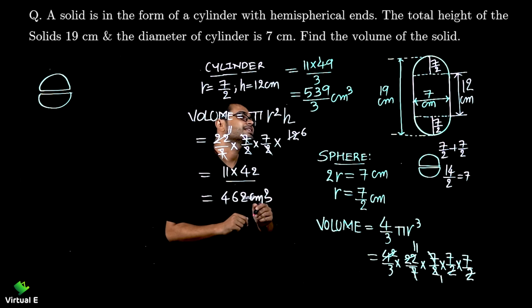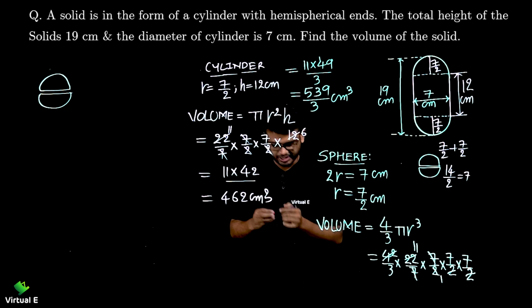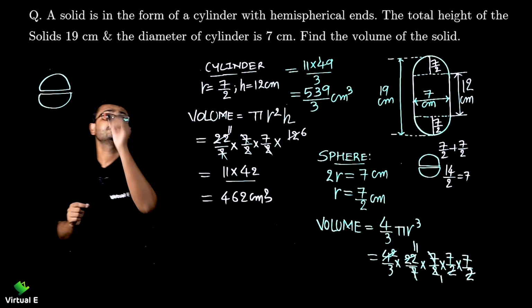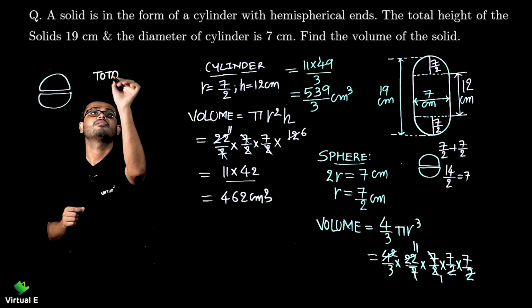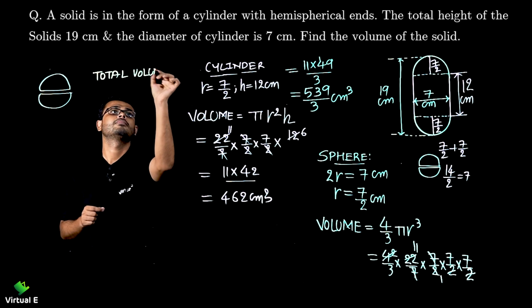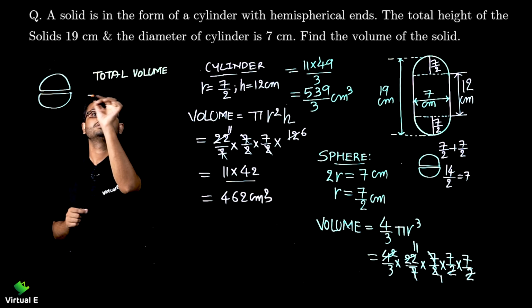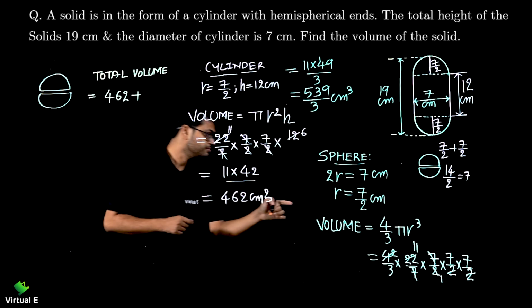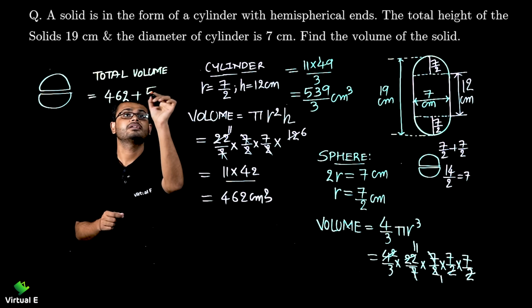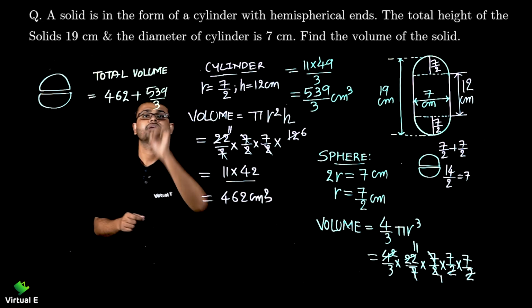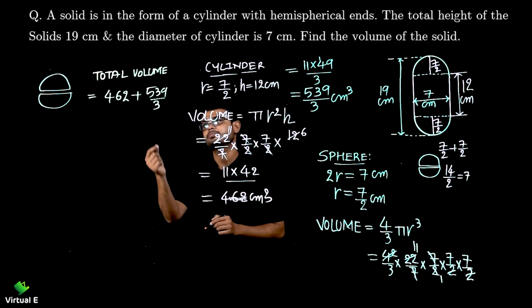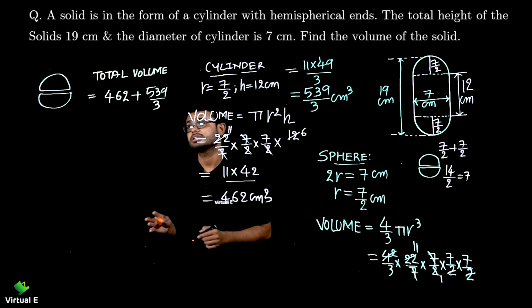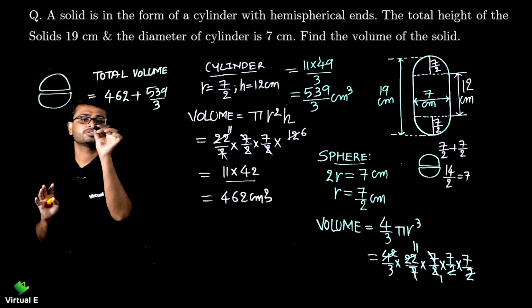So now let's find the total volume of the arrangement. Important. We need to find the total volume of the solid. So total volume is equal to 462 plus 539 divided by 3. Now see, there are two ways. You take the LCM, then you add, or if you want to convert this 539 by 3 into decimal, you can do that also. I'm just doing the LCM.